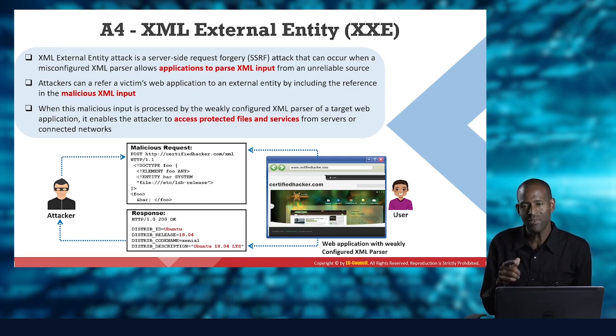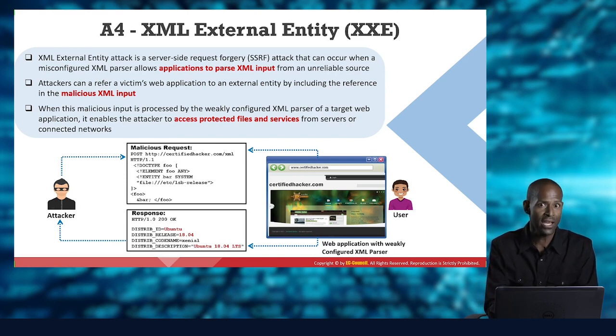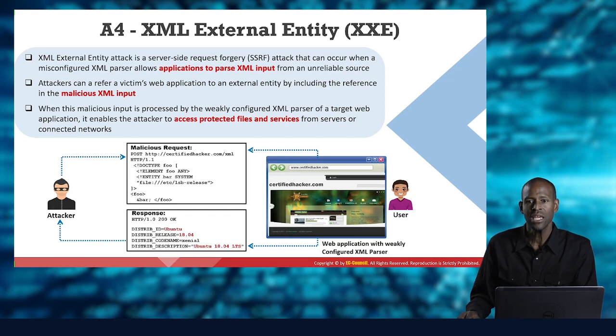But in the case of XML external entity, an external entity like you or me who is attacking or hacking the resource can send in a request. And when we send in the request, it's malicious. And that malicious request allows an answer to be sent.